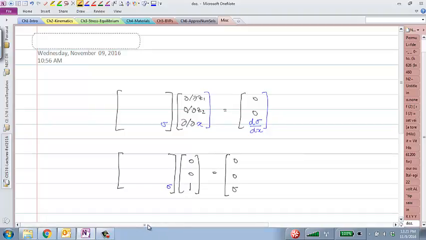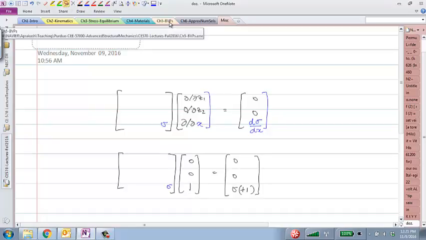And to be explicit, it is sigma acting on plus 1 that we are talking about. So sigma acting on plus 1, that's on the right face. Sigma acting on minus 1 would be on the left face, right? So that's the way I'll write my boundary condition on the right face.